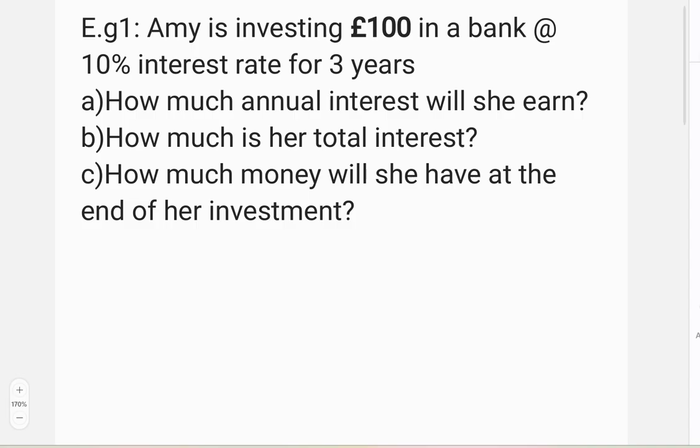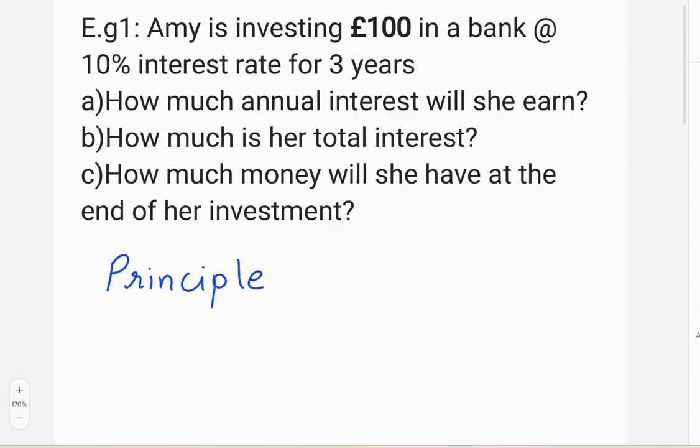So basically, questions about interest have these four things. The first thing is principal. Principal is the amount that you are investing or borrowing. You can only have interest when you are investing something and you're going to earn some interest on it.